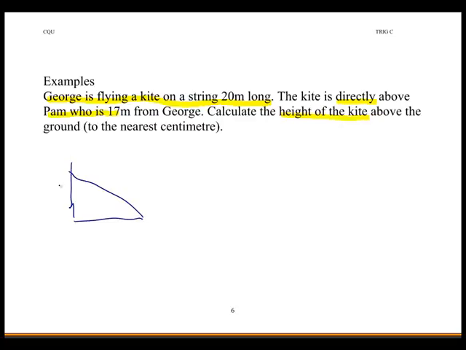Now the advantage of the picture is it justifies how you're going to solve for it. If you think there's any assumptions, like that the ground's horizontal or whatever, you can state them. But sometimes just doing the diagram will justify how you've solved this problem.